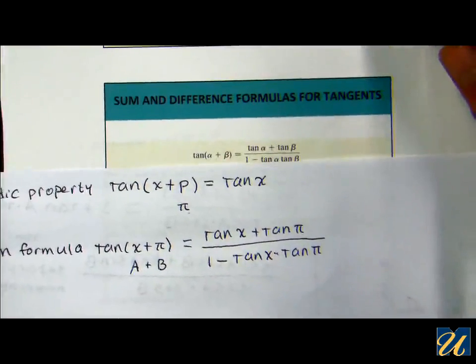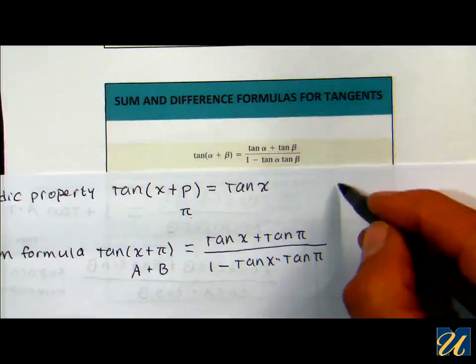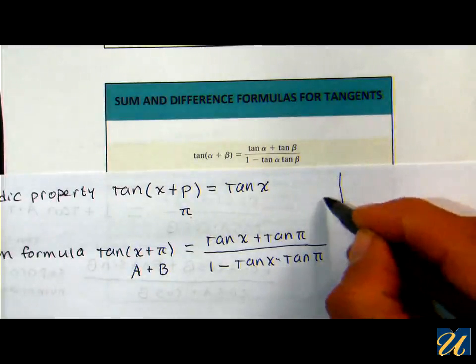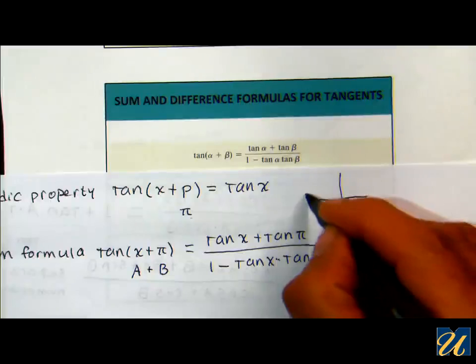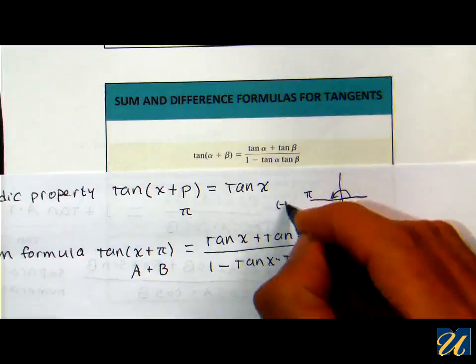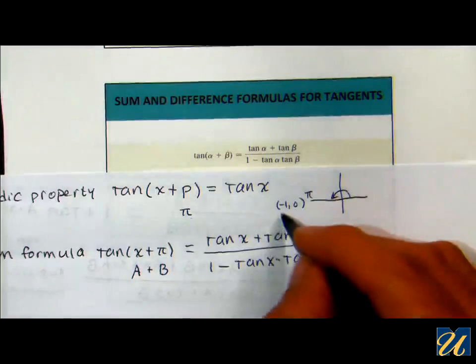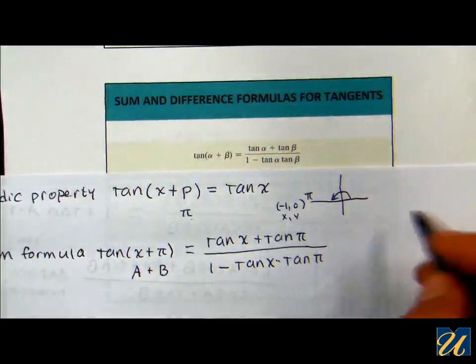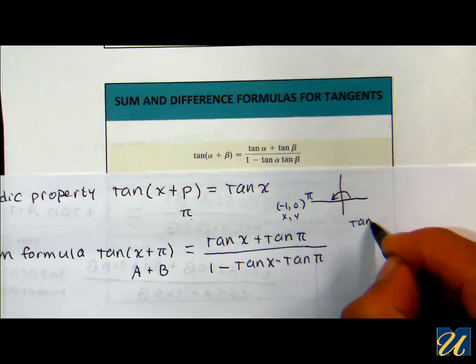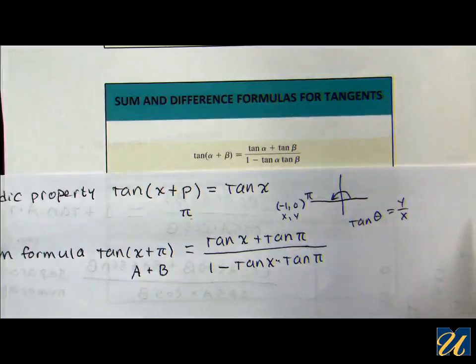And let's get the tangent of pi. If you're at pi, which is right there, 180-degree rotation, you got negative 1, 0 on the unit circle, and that's x and y. Well, tangent of your angle is y over x. Okay, so 0 over negative 1 would be 0.